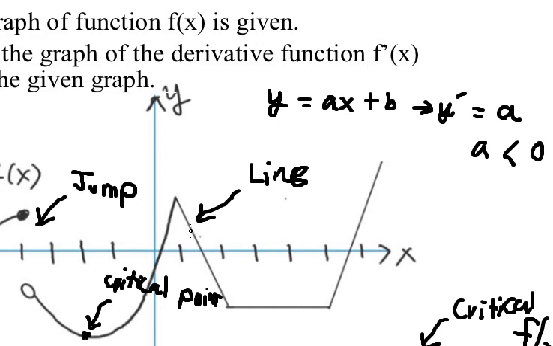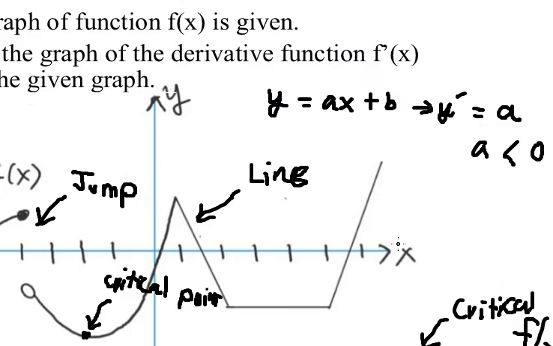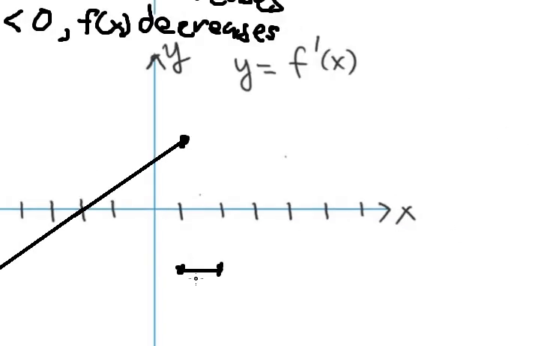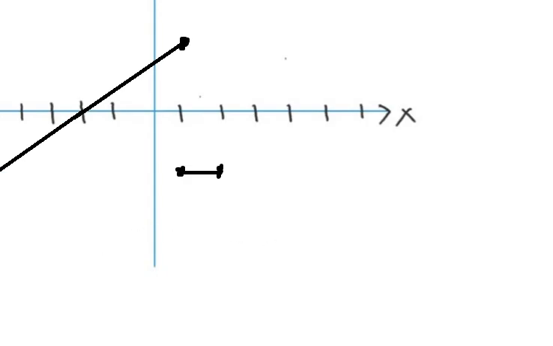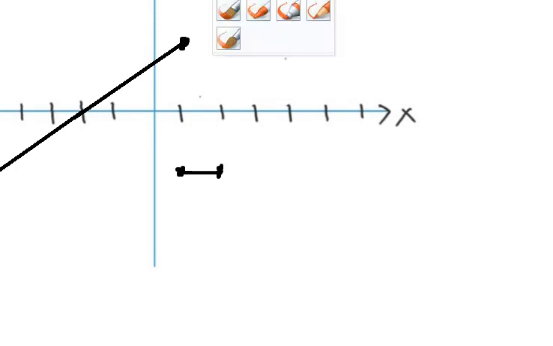So we get this one like this. Because this is a dip, there should be a big jump in here, because the first derivative equal to a should be a horizontal line like this. That's why we need to put this one in here.